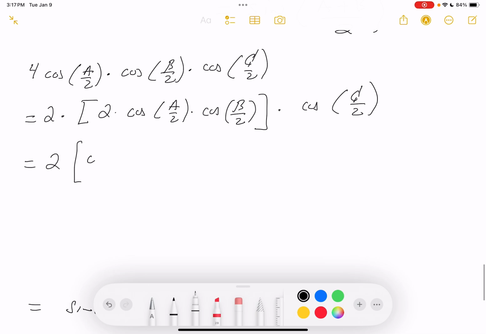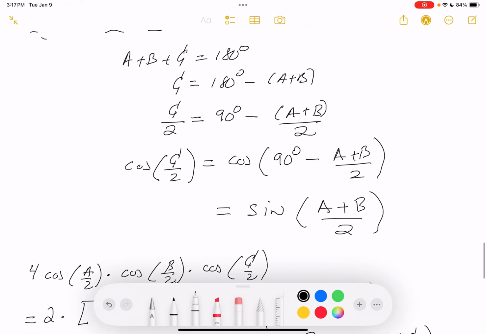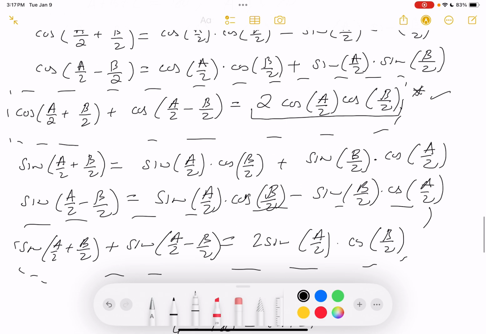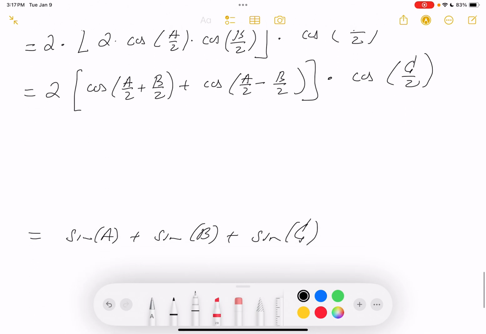That's 2 times cosine A over 2 plus B over 2 plus cosine A over 2 minus B over 2 times the cosine of C over 2. Let me make sure I copied that right. Yeah, I think I did. Yep, I think I did. And granted, I'm still not seeing it. I'm going to keep moving forward, though.